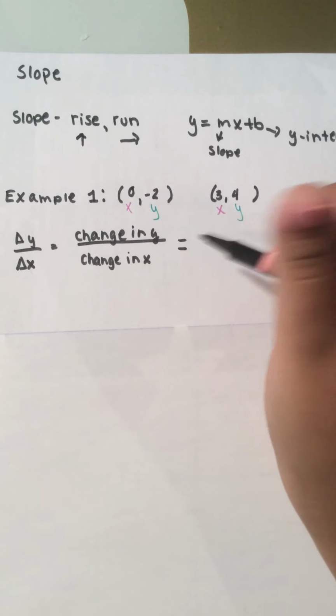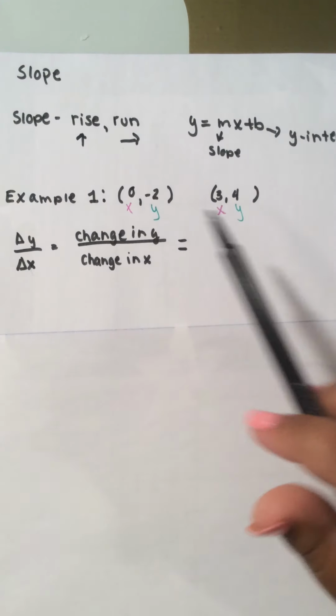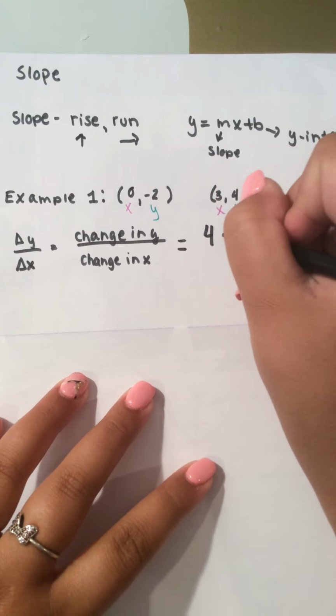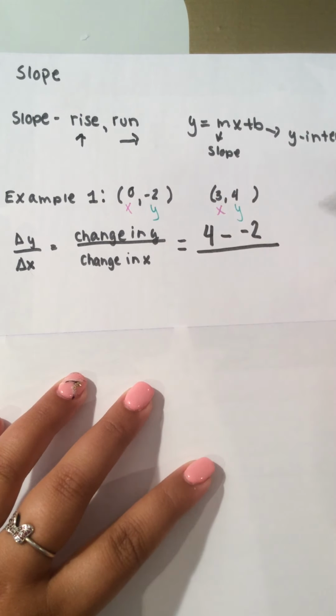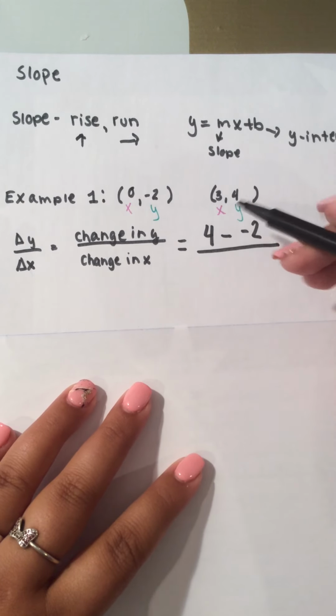Now I'm going to look at my labeled points and I can see I already labeled the x's and the y's. And I'm going to pick one. It doesn't matter if you start with -2 or 4, you're going to get the same thing. So I'm going to pick 4. So I'm going to have 4 minus a -2 over. Now since I started with 4 up top, I need to start with 3 on the bottom.